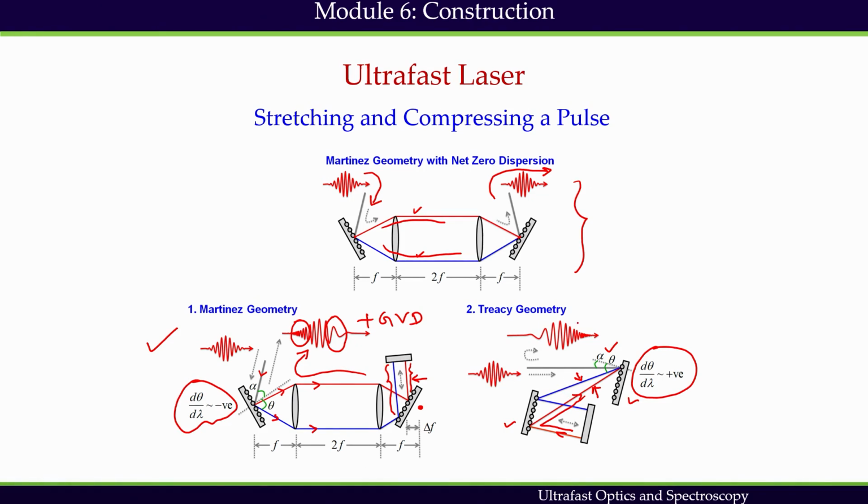That's why in the early time of the pulse we get blue components, and the later time of the pulse is contributed by the low frequency components. This is the way we can introduce again a chirp in the pulse.